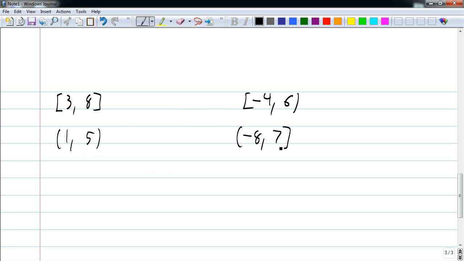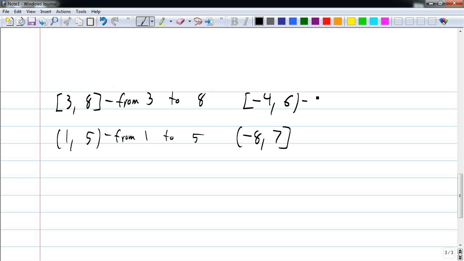So, this interval consists of every number from 3 to 8. This consists of every number from 1 to 5.